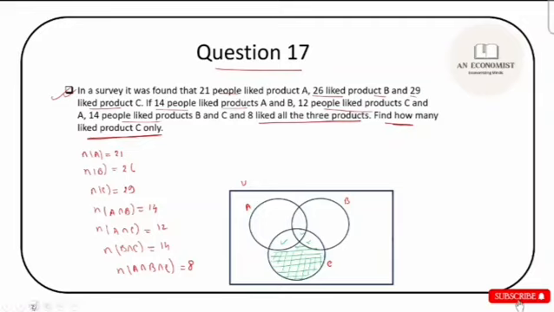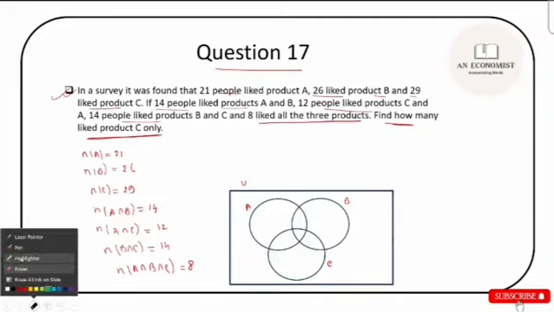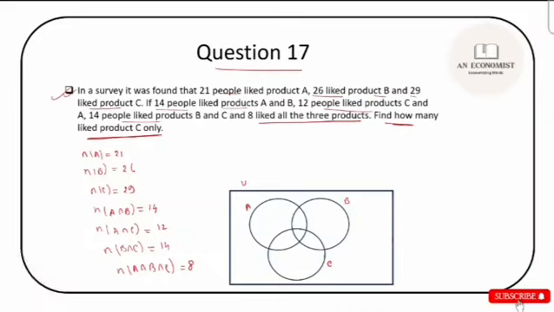So let us do that. Okay. It says that A intersection B is 14, A intersection C is 12, and B intersection C is 14.